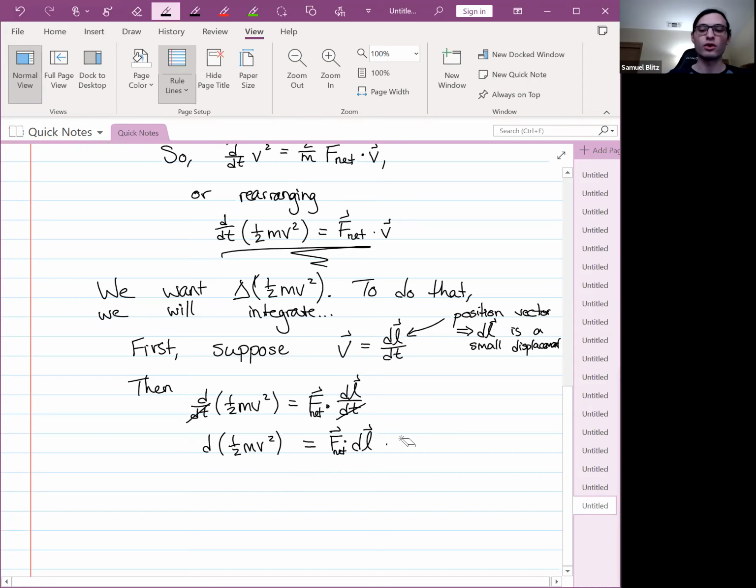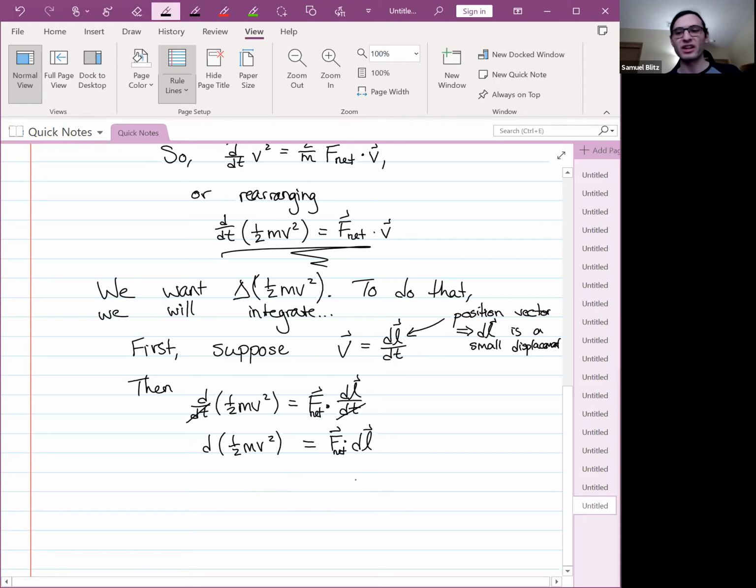This equation holds for all places and all times, or rather all position displacements. For every small change in position, for every small dL, you can figure out how much 1/2 mv squared changes by dotting that dL with the force. That's always true.